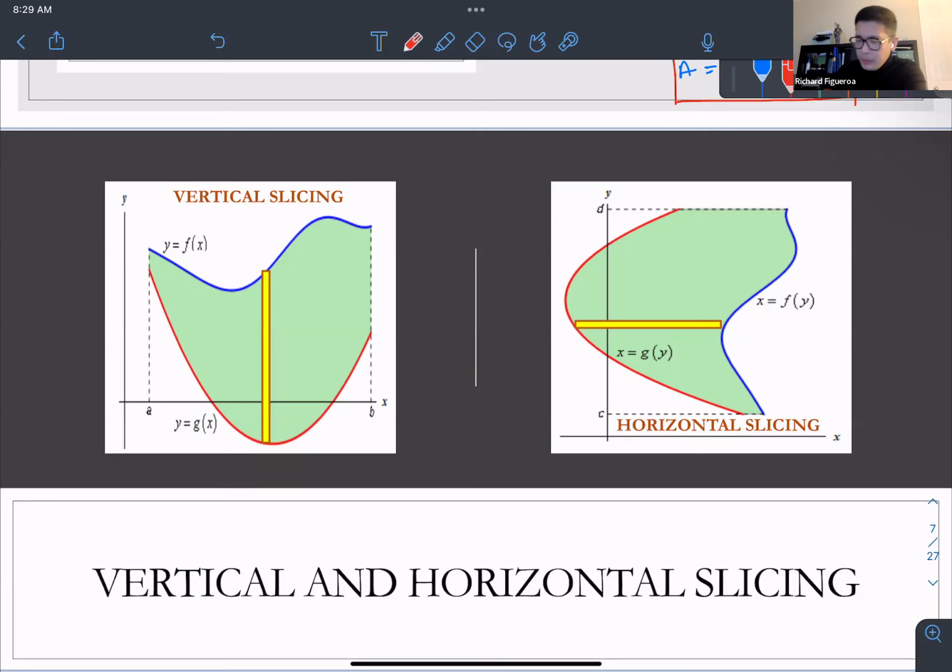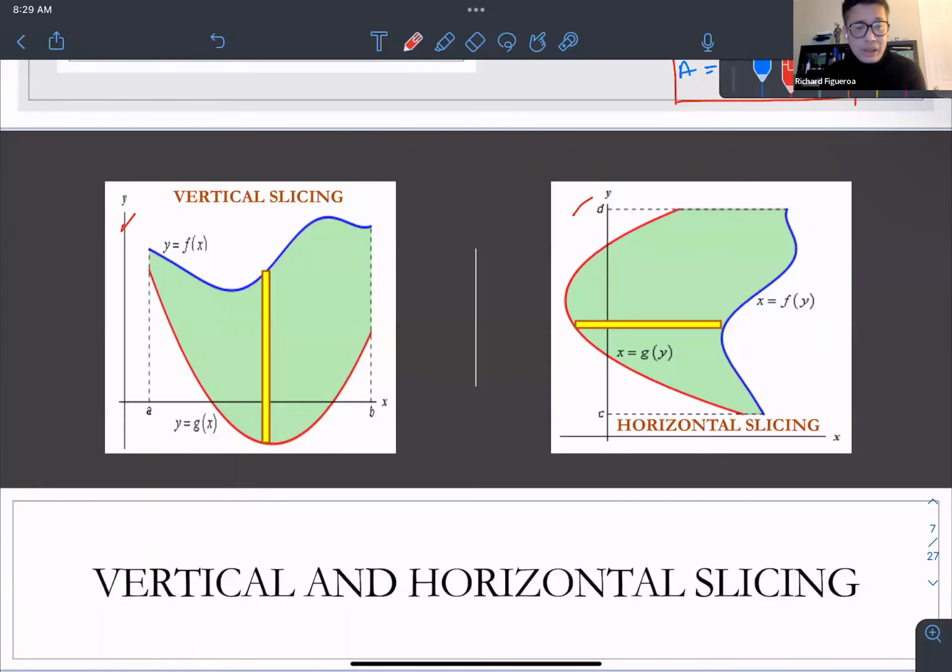In this case, for the first, only the vertical strip is possible, not the horizontal. For the second, only the horizontal is possible, but not the vertical. But there are certain instances where both will be possible, so we can use a vertical strip or a horizontal strip. In those cases, you are the one to choose.